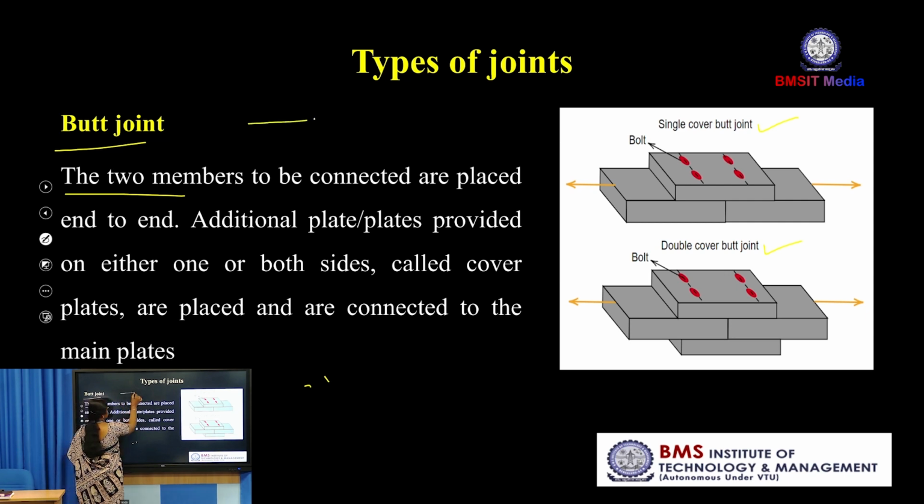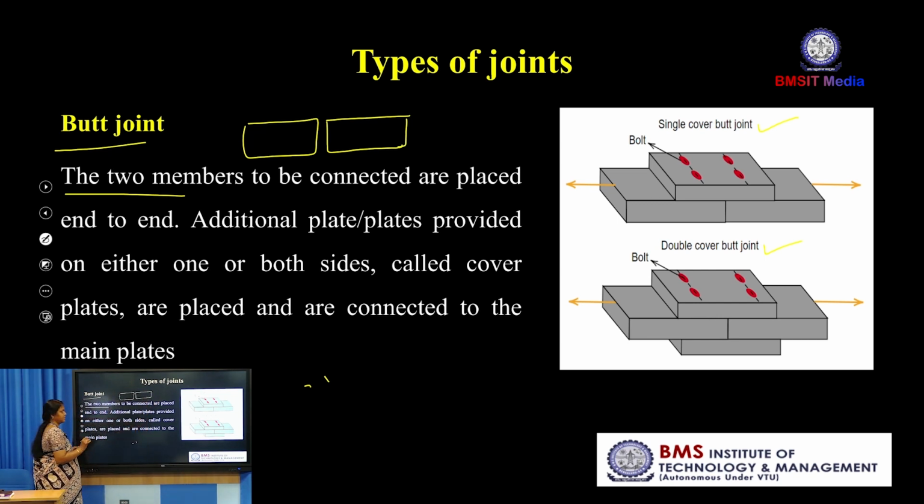This is one main member and this is another main member placed one to one. These are to be connected by some cover plate. If we provide one cover plate on the top of these two plates, it is called a single cover butt joint. If we provide another plate at the bottom, this type of joint is called a double cover butt joint.